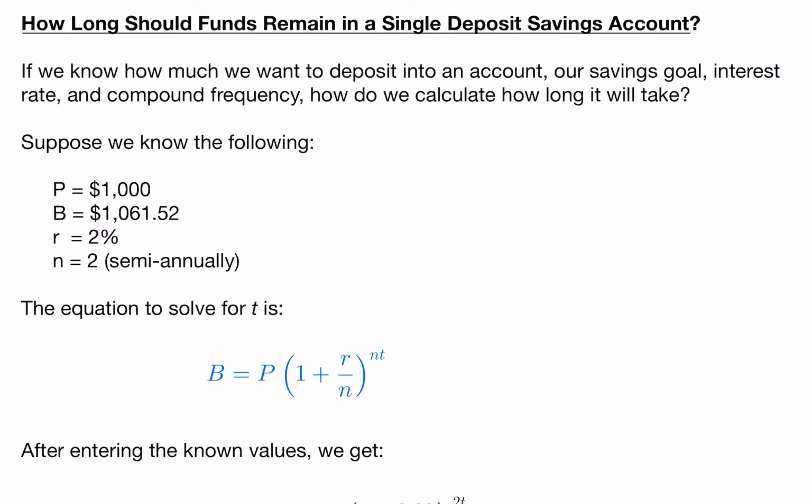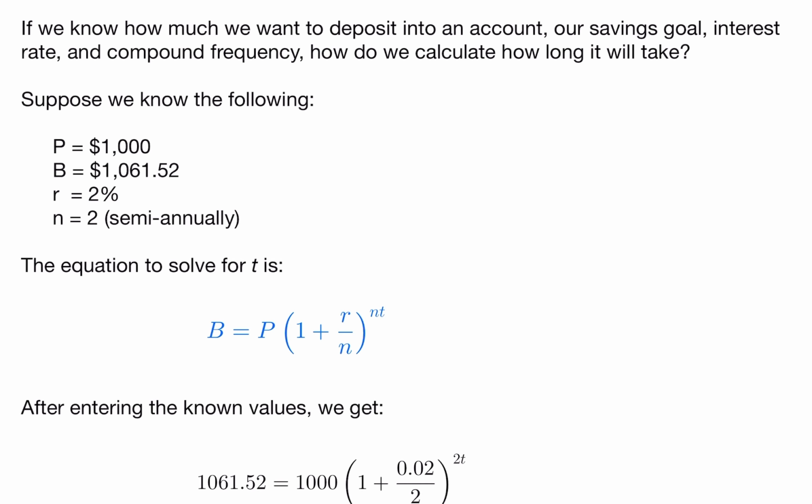However, we haven't determined how to calculate how much time is required if both the initial deposit and the final amount are known, along with the compounding frequency and interest rate. So let's take a look at this particular example. Suppose we know the following.